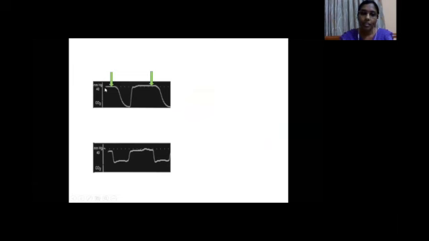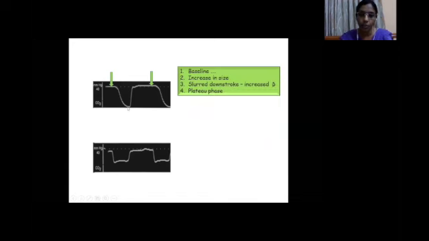In this capnogram trace, the baseline has touched zero, but not for the entire duration that it should. The upstroke is okay. The plateau phase is also fine, but slightly prolonged. This is where the inspiration should have actually started, but we see that some carbon dioxide is there even during the early phase of inspiration, and the downstroke is slurred, thereby increasing the beta angle.